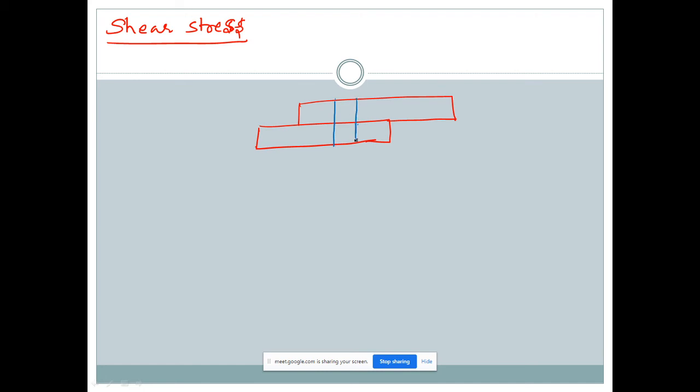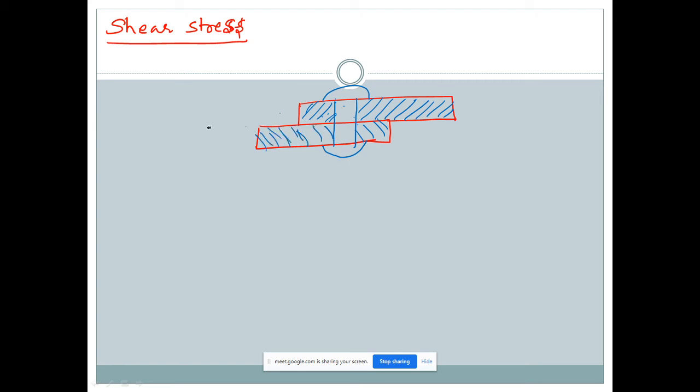Now this is the rivet which has been connected to the two plates. Now this is one plate which has been placed in the upper position. This is another plate which is connected in the bottom position.